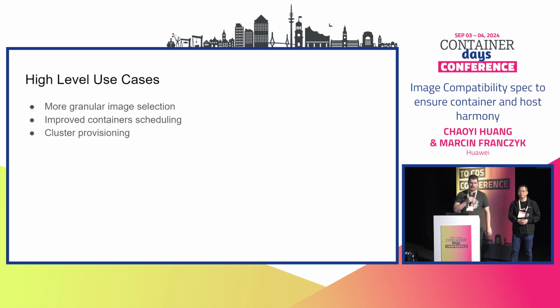And as a group, we had 3 high-level use cases. First, more granular image selection. So for example, if the container runtime speaks some image manifest, we would like to provide more details on images to make better choices. Then improve container scheduling, not only for Kubernetes, but other orchestrators as well. That's why this is under OCI, not, for example, under Kubernetes.